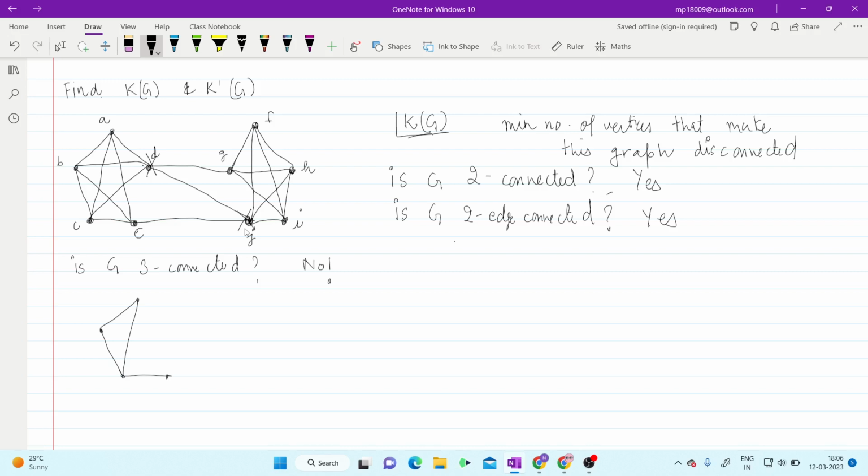So does everybody agree that DJ is a vertex cut? That removal of DJ, G minus DJ is disconnected.